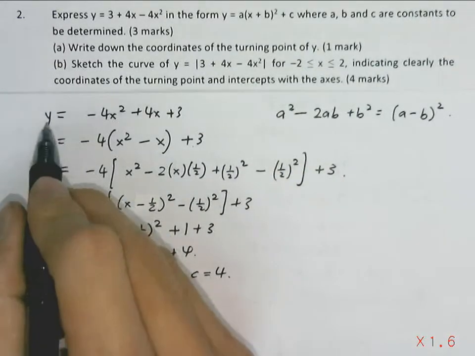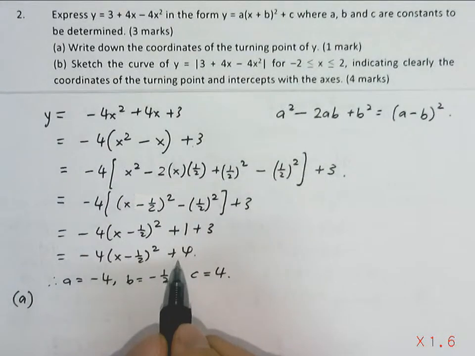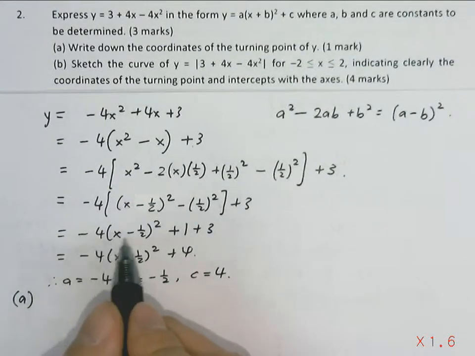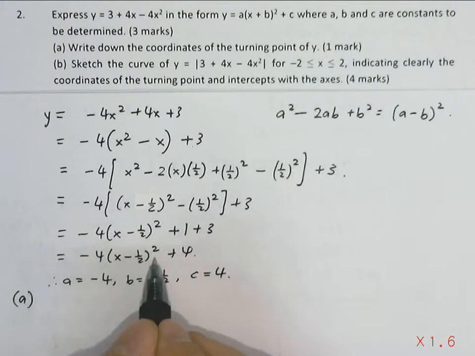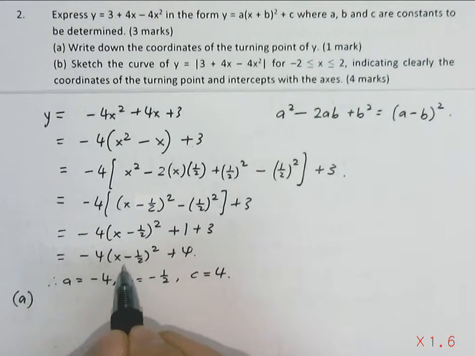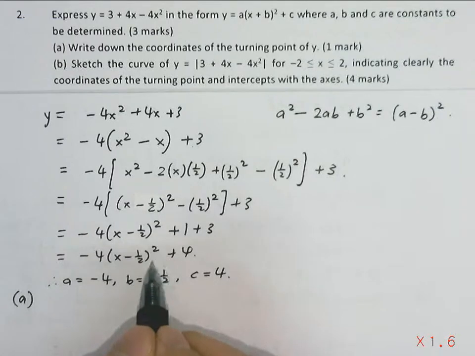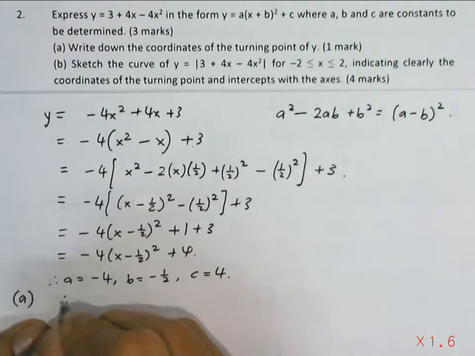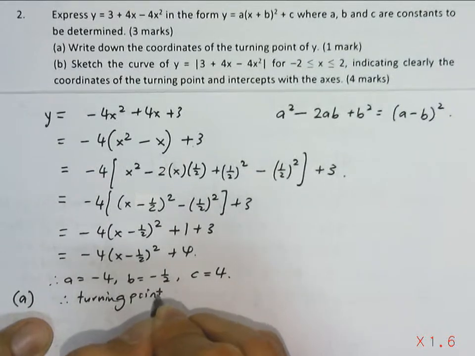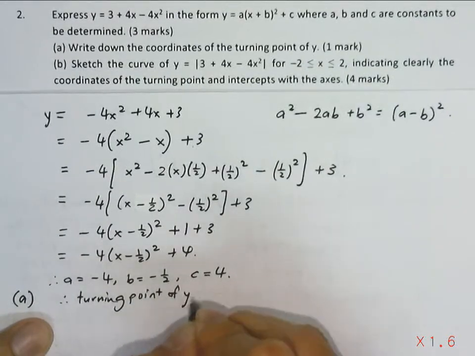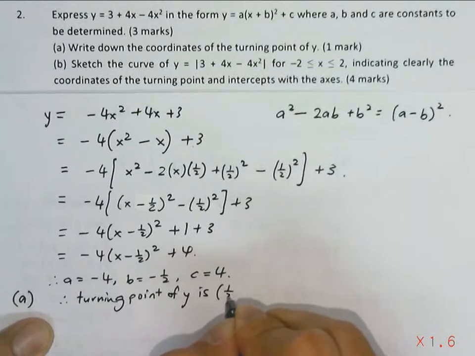To make the y value 4, we have to make this term 0. Now, if you observe, to make this term 0, we can simply take x as half, and this whole thing will be 0. Therefore, the turning point of y, which is the maximum point, is half, 4.